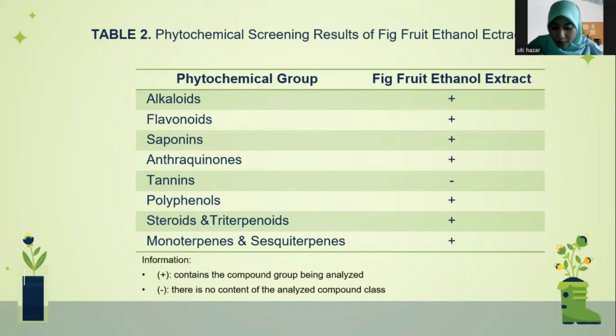The groups of phytochemicals suspected of having antibacterial activity are flavonoid and polyphenol.